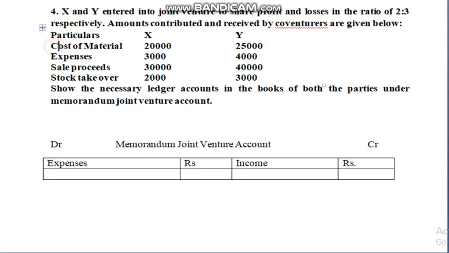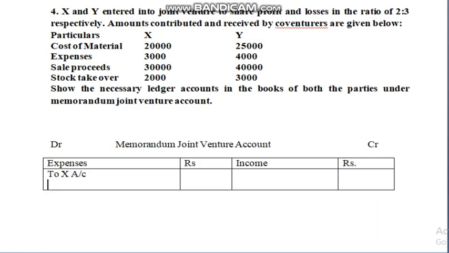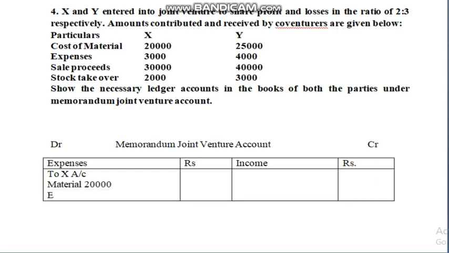The first one, cost of materials. Here 20,000 worth of material were purchased by Mr. X. So under X account, first the material, 20,000 worth of materials purchased by Mr. X. At the same time, Mr. X incurred the expenses of rupees 3,000.